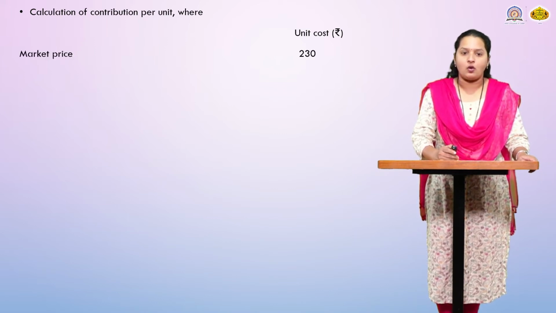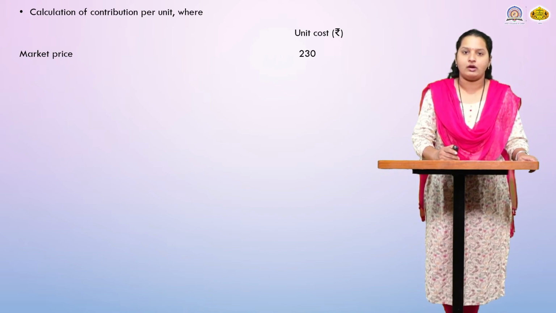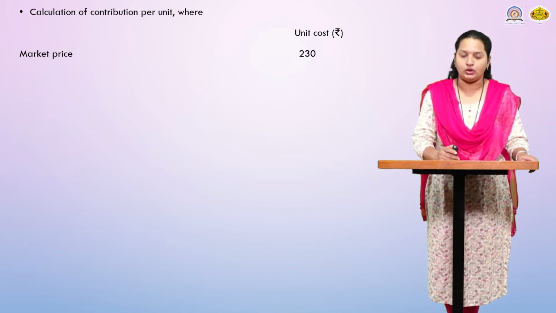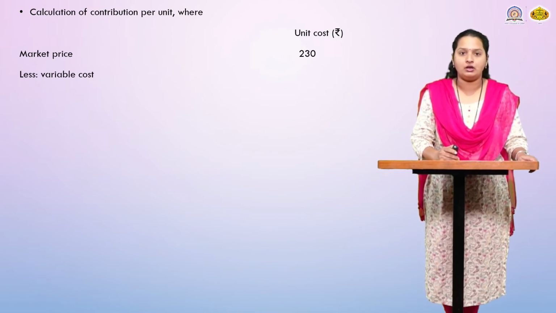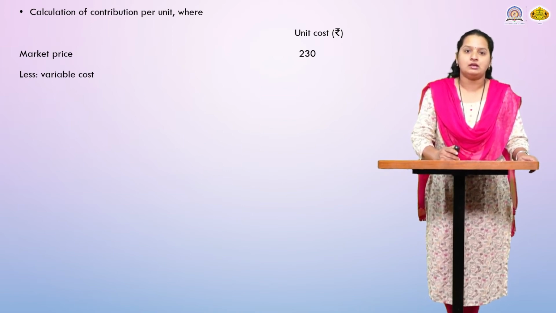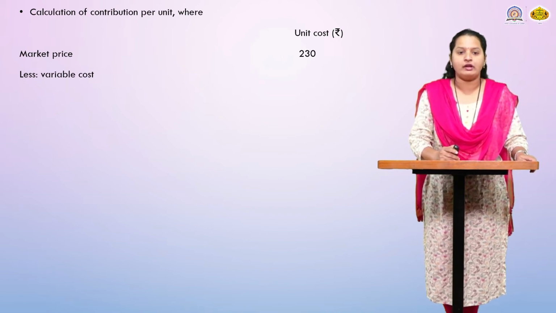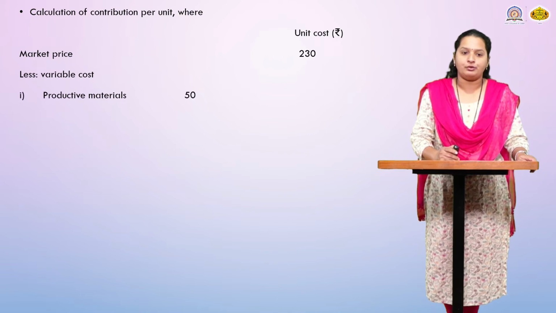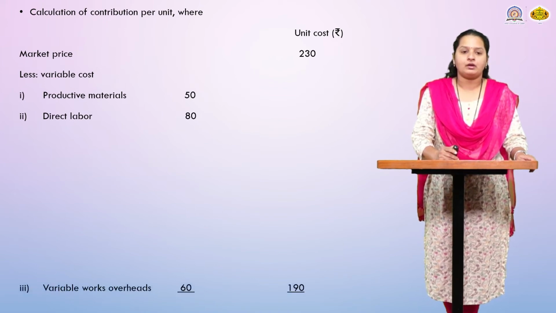For calculating this contribution per unit, we have the market price, that is our selling price, which is 230. Then we will deduct our variable cost from the sales, that is the selling price, and we will get our contribution. Under variable cost we have productive materials of rupees 50. Secondly, we have direct labor of rupees 80.